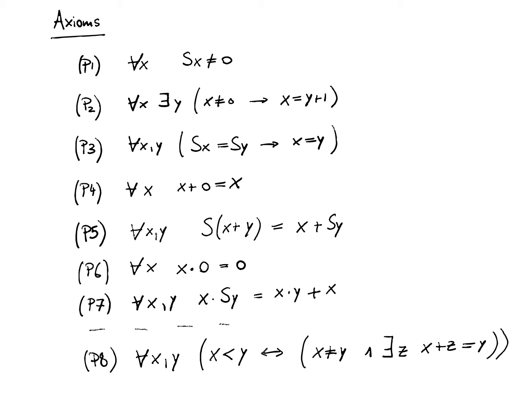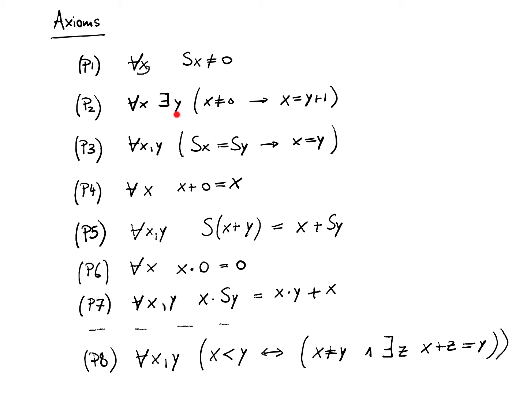Now we come to the axioms. So we start with a finite group of axioms. They are very simple. They just express basic facts about how the operations work, and of course they are intended to capture basic arithmetic among non-negative integers. So for example, for every x, the successor of x is not equal to 0.